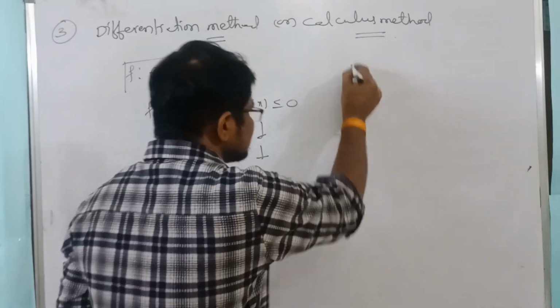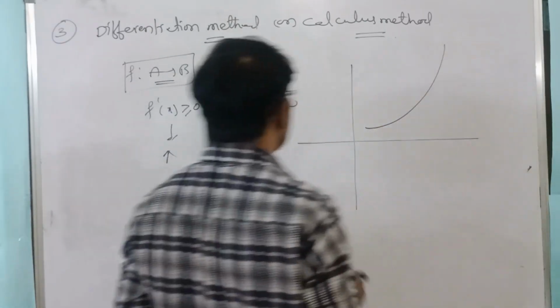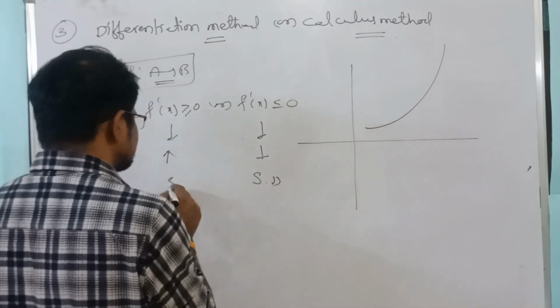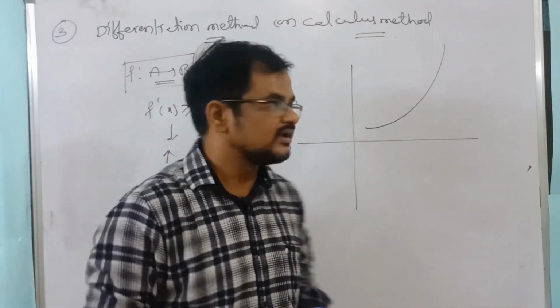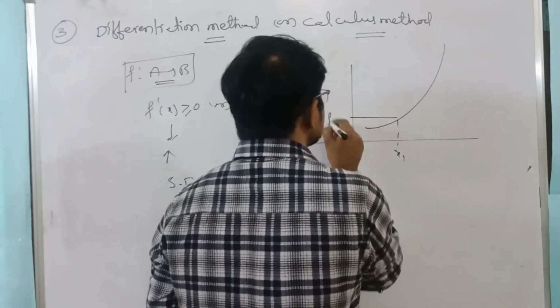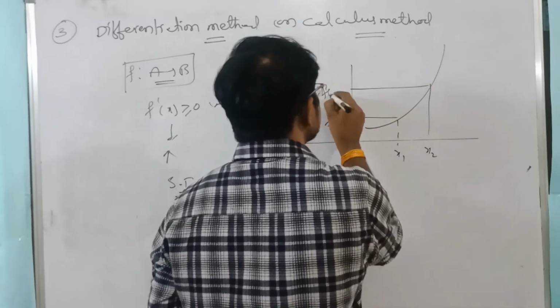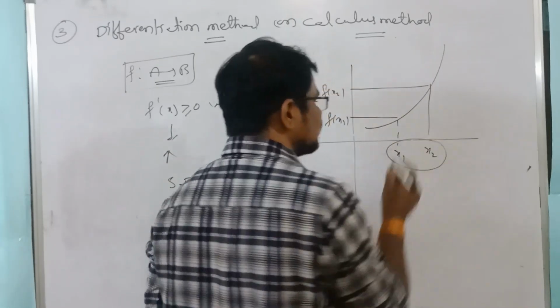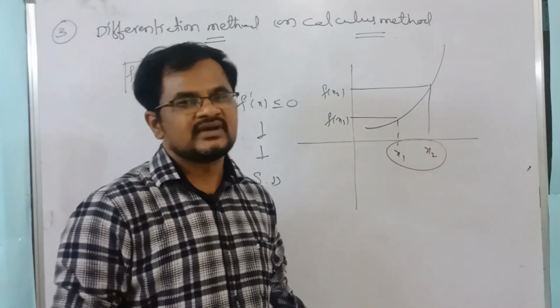So here you have to observe carefully. Suppose the function is strictly increasing, or strictly decreasing. So definitely it is a 1-1 function only. If you take x1, it has f of x1, and x2 has f of x2. Here x1 not equal to x2, so that's why f of x1 not equal to f of x2.